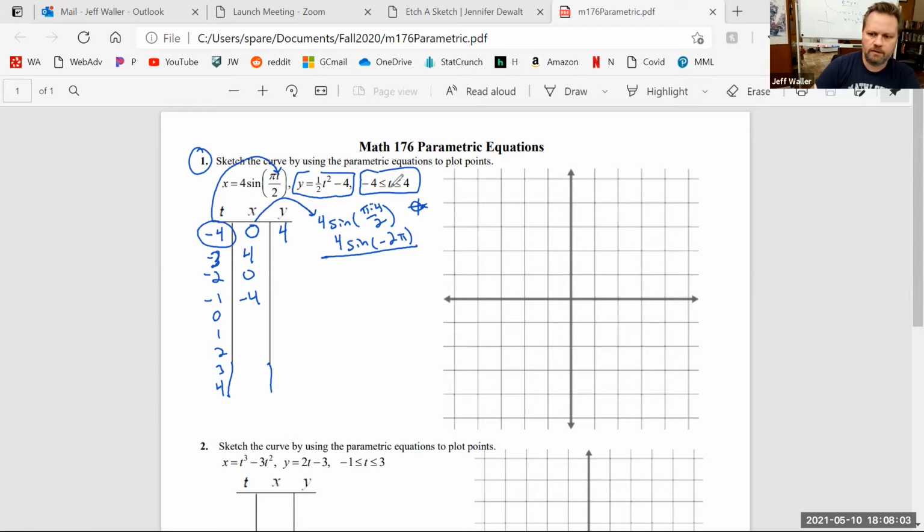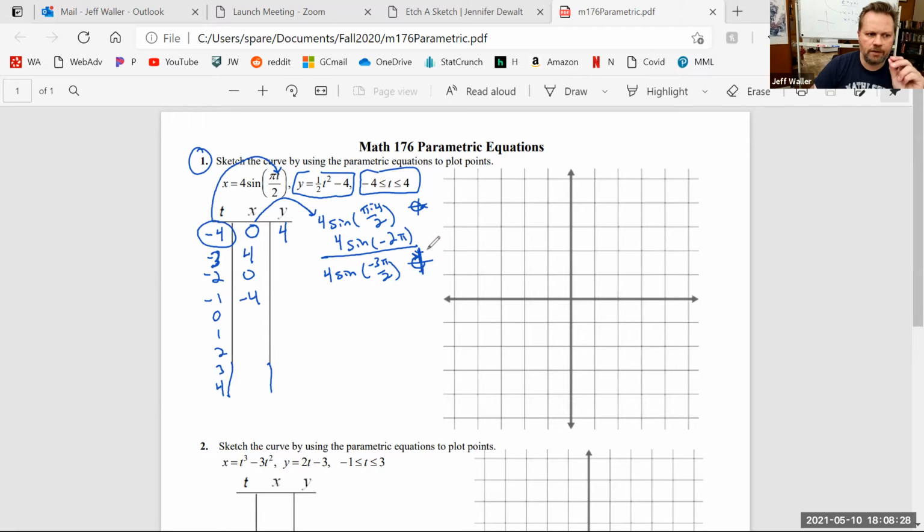Now, if I plug a -3 in, I'll get 4 times sine of -3 pi over 2. -3 pi over 2 is here. Does everybody follow each step? Let me know the minute I do something that doesn't make sense. This is where sine likes it.